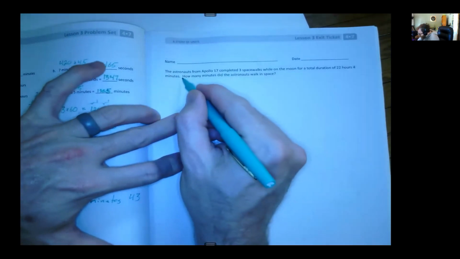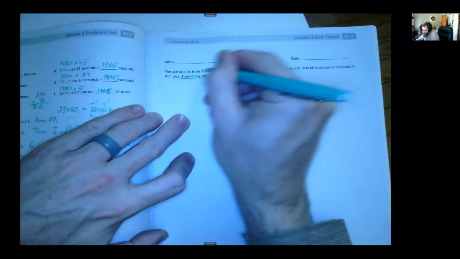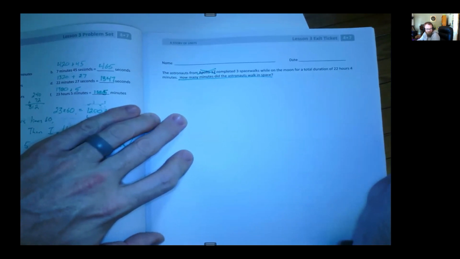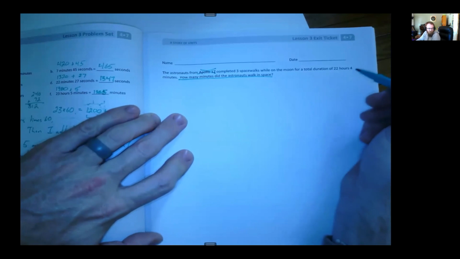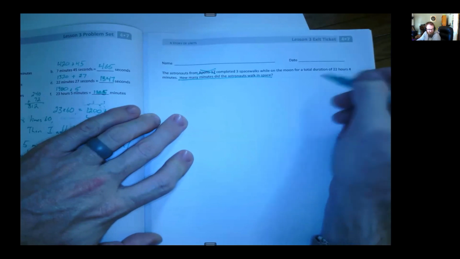Here's a good example of a problem that has unnecessary numbers. Apollo 17, that's just the name of the spaceship. That's all that 17 means. It could be called Apollo Banana. That doesn't matter. We need to know what the total duration of 22 hours, 4 minutes was, just in minutes.